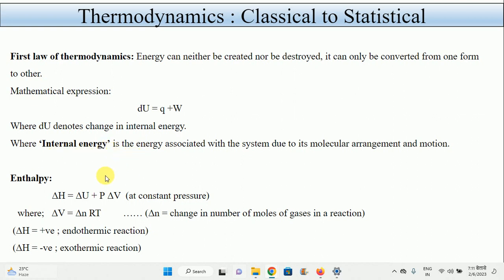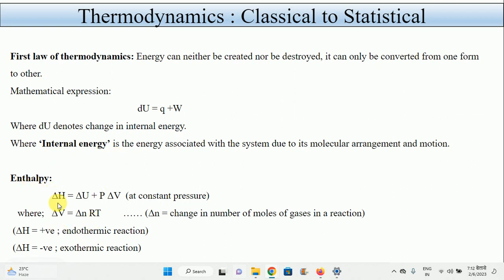It is the total sum of all the energies associated with the system due to its molecular arrangement and its motion. All types of energy are considered here, like electronic, vibrational, rotational, thermal, and all kinetic and potential energies. So this is internal energy.